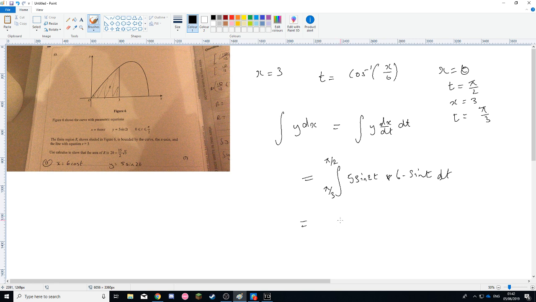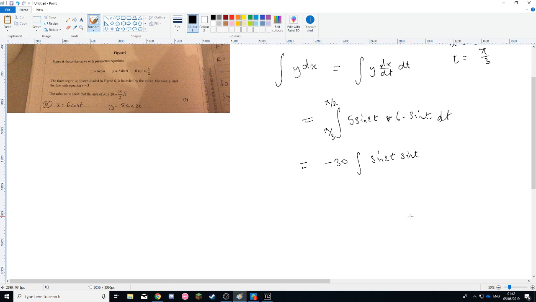That's a minus 30 integral of sine 2t sine t. Now that's a bit long for 7 marks. I mean, it is 7 marks, that's why it's long. But basically, let's carry on.